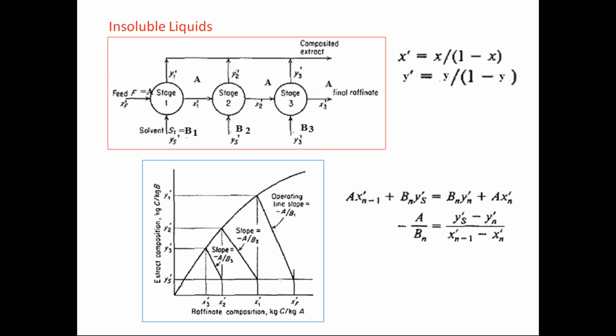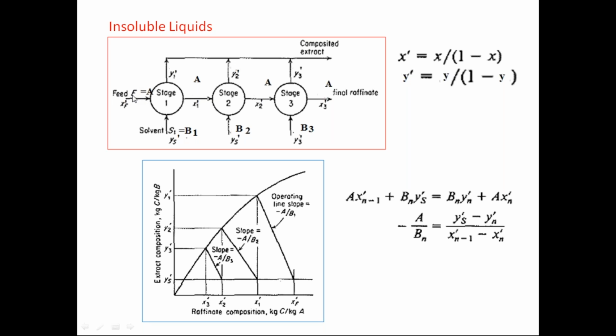Now, very important, you can easily do the calculations by making an assumption that the feed solvent, what is the feed solvent? It is F, and the solvent which you are using, that is organic solvent or extract solvent, both are completely insoluble in each other.